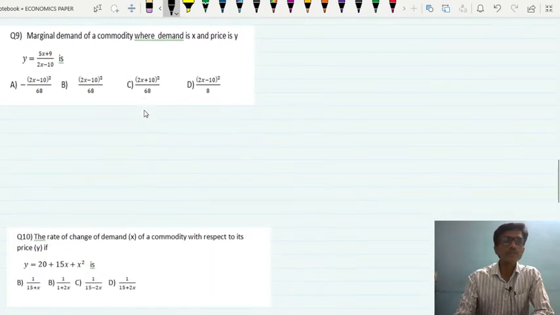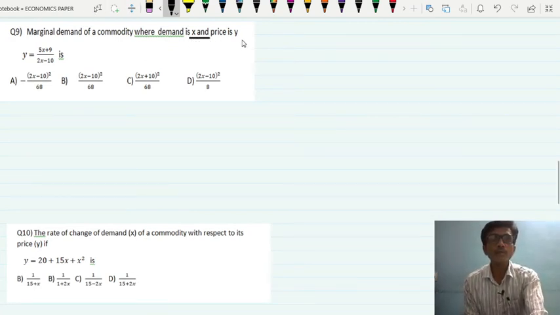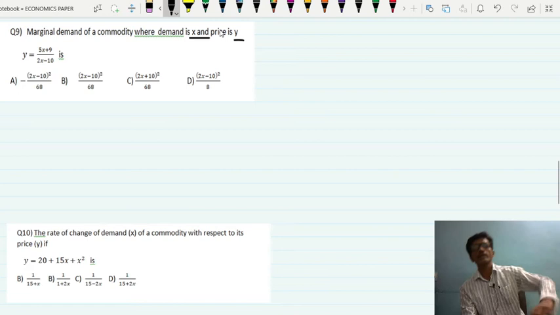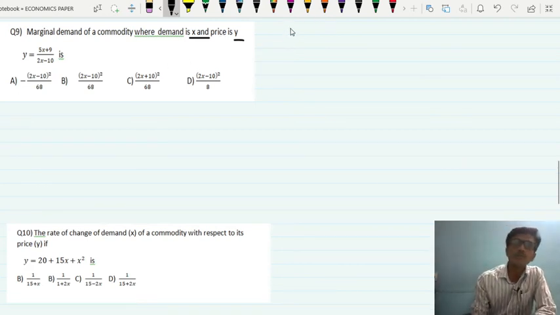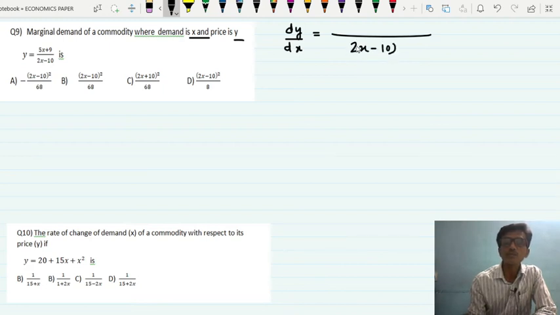Next similar question is there, marginal demand of commodity, where demand is x and price is y. So again you have to find here dx by dy. So before that we will find dy by dx. In this dy by dx, u by v rule we apply here. V square it will be there, 2x minus 10 whole square, that is v square.